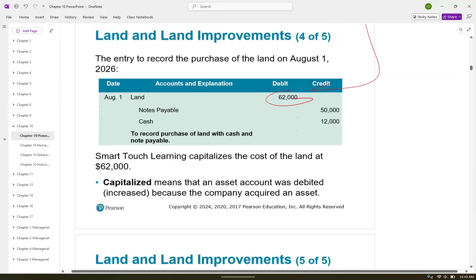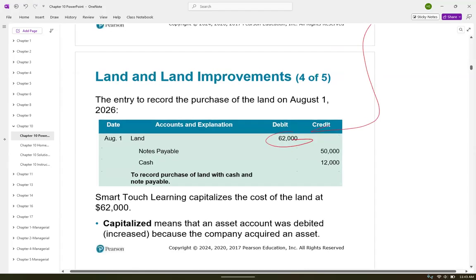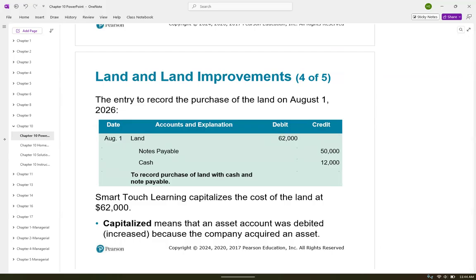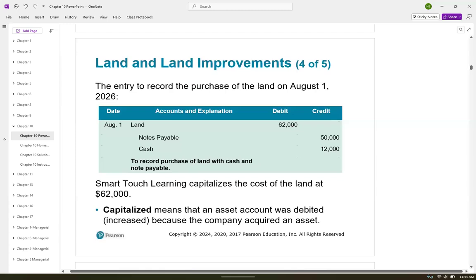Maybe they said it in the book. I don't think they said it on the slide. But all of that gets capitalized into the cost of the land. Okay. That's the asset. Notes payable is your liability, and your cash is also an asset.